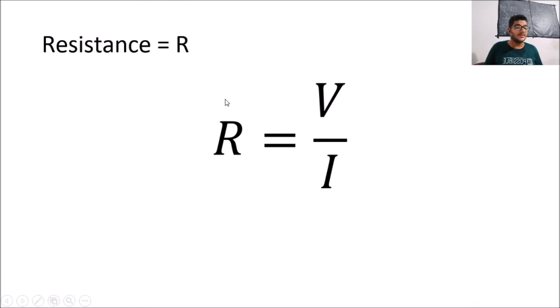So what is resistance? It is V upon I. V is the voltage, the volts. Voltage or potential difference is the same thing. Do not confuse. And I is the current. So resistance is V upon I.